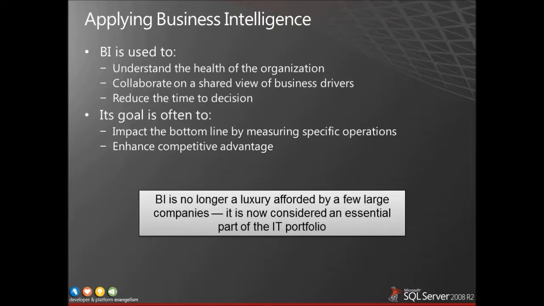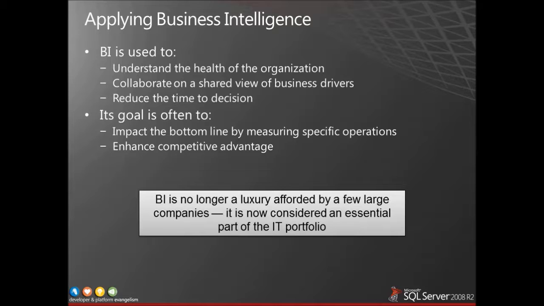Where do we use it? We use BI to understand the health of the organization. What is going on? Typically monitoring, and collaborating on a shared view of business drivers, so we are all talking about the same thing and we are all on the same page.